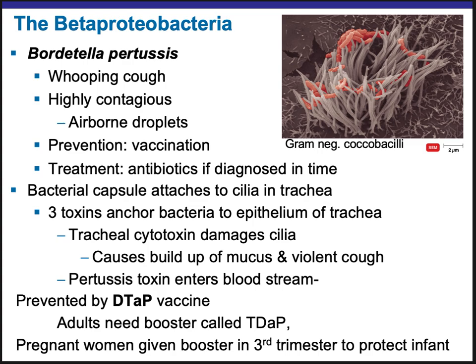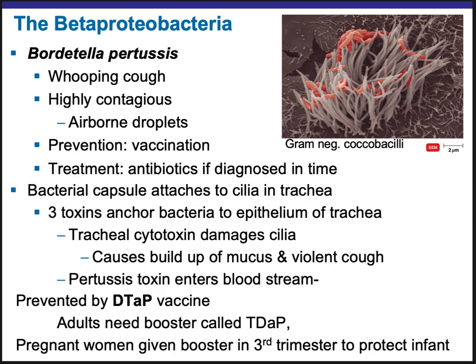Now, adults will want to have a booster because adults can also get whooping cough, and typically it's not going to give the most severe forms of death and brain damage, although it could.